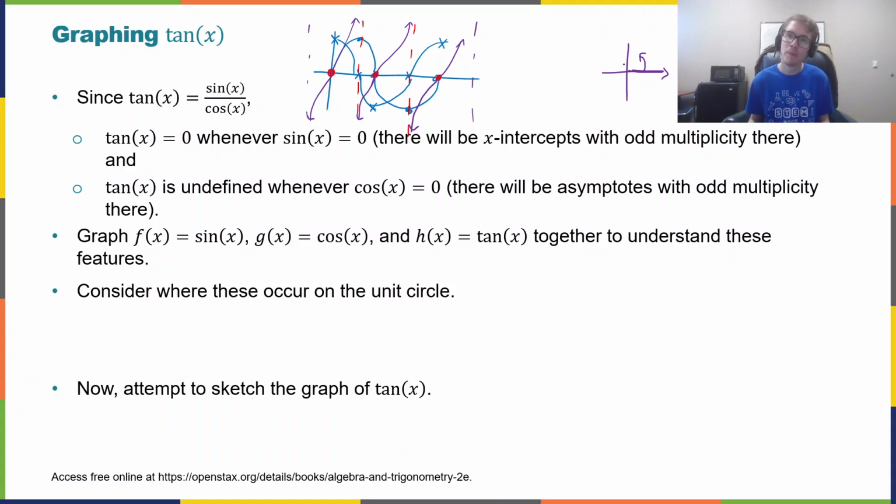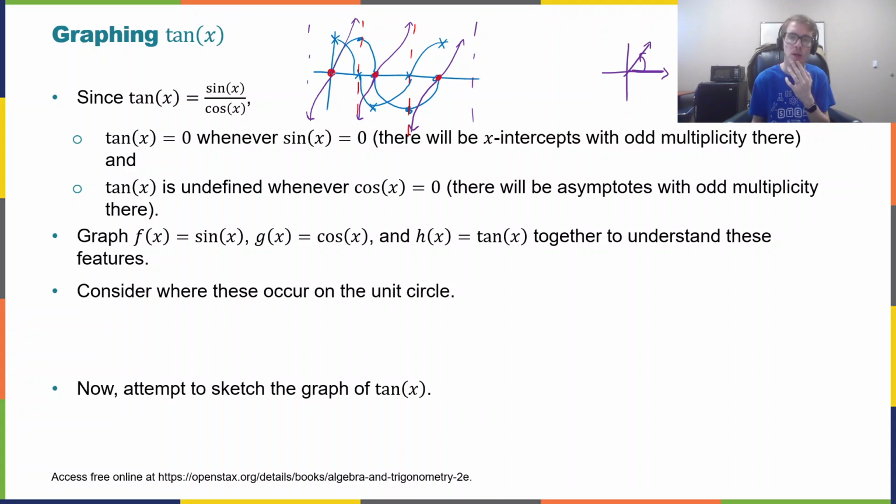As it opens up, we increase to a positive slope, eventually approaching the positive y-axis, which is undefined. So we go from 0, increase to undefined. Then just past that, it's very negative, and then it starts decreasing, approaching 0 again.